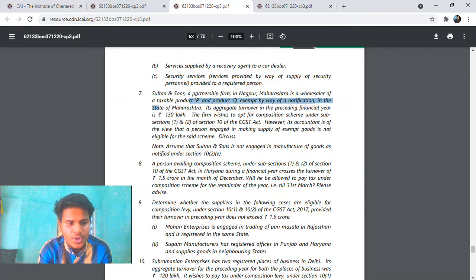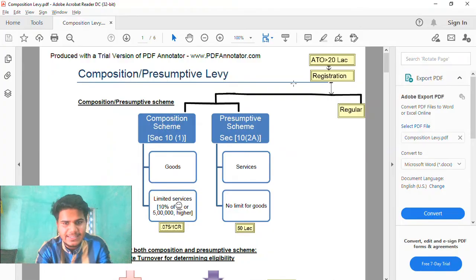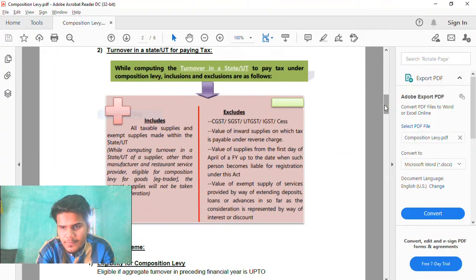So the first condition is that our aggregate turnover during the preceding financial year is not exceeding 150 lakh rupees. Here the aggregate turnover of Sultan and Sons is 130 lakh rupees, so he is eligible to opt for the composite scheme. Some other conditions also have to be fulfilled by a composite dealer, and I have given some of them briefly.